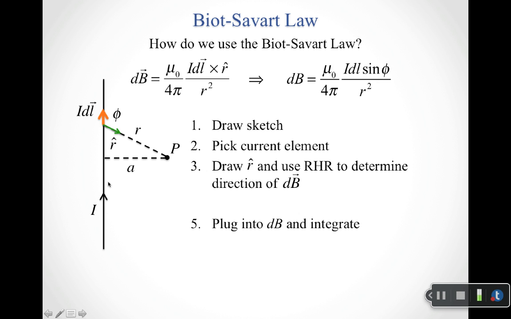Pick any other current element along this wire, and that's going to be true at all points: the contribution from every current element points into the page. So we really just have a single component. If x is left and right, y is up and down, and z is into and out of the page, our magnetic field just has a z component. The x and y components are 0.